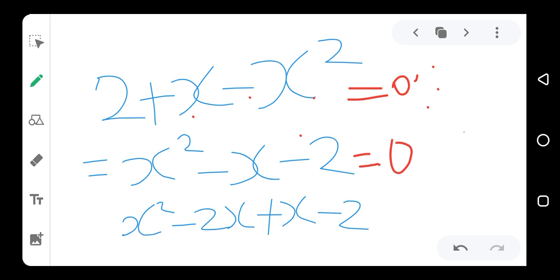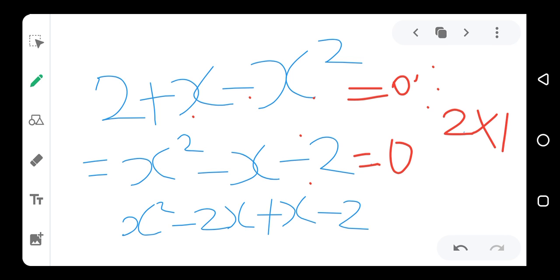Now having it like this, we can factorize. What are the factors? Two numbers that, when we multiply them, give us minus 2, and when we add them, give us minus 1. Let's say the factors of 2 are 2 and 1.